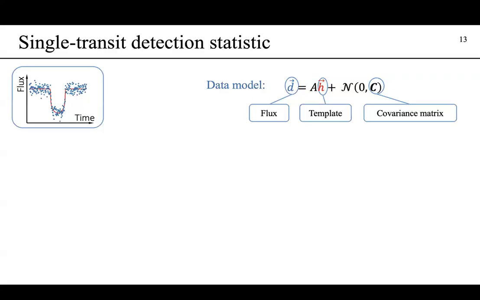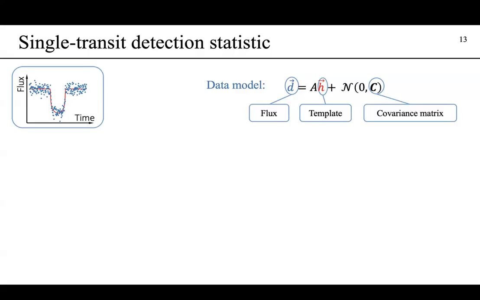We are looking for something like that, a transit in the data. We start from looking for one transit, and later we will combine several different transits into a periodic planet. We model our data as Gaussian correlated noise with a covariance matrix, and then it maybe contains a planetary transit, which is described by a template, this red thingy over there, multiplied by some amplitude, which depends on the planetary radius.